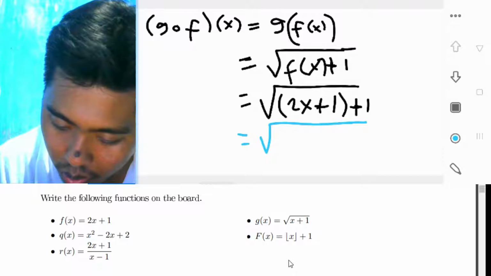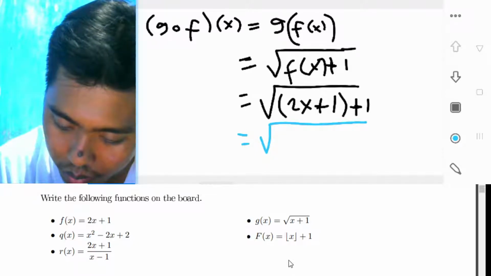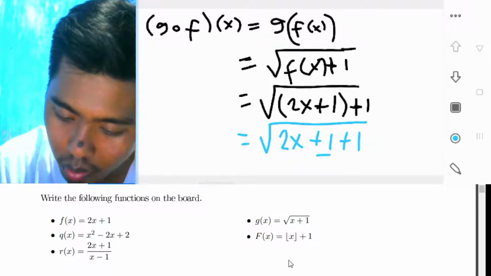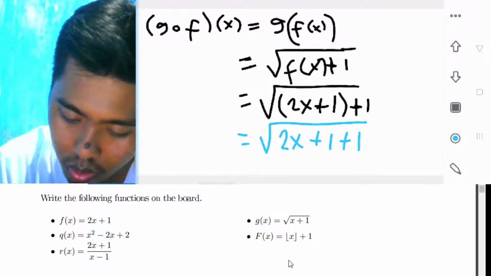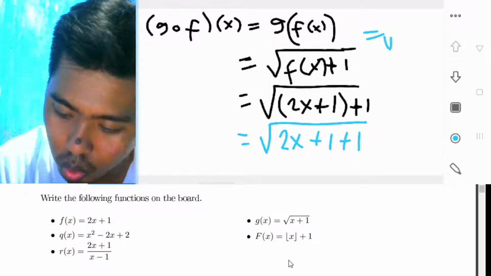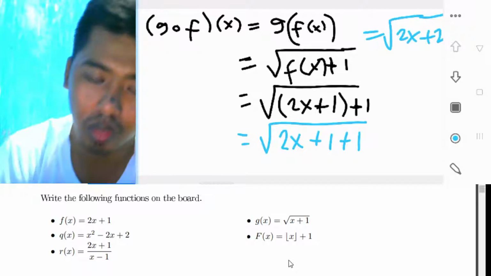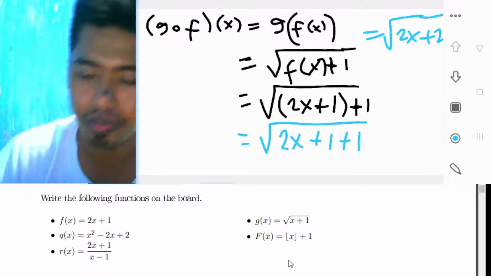That's 2x, that's plus 1, and that's plus 1, so 1 and 1 would be equal to 2. So the square root of 2x plus 2. That would be the final answer for example number 13.